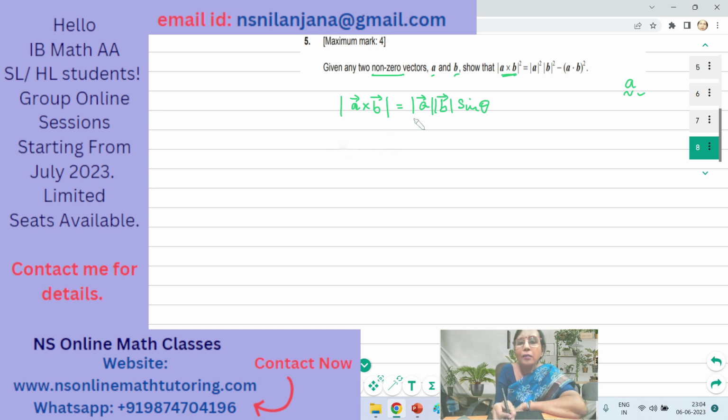So if I square both the sides, what do we get? This whole thing squared should be equal to the modulus of A squared times the modulus of B squared times sine squared theta.